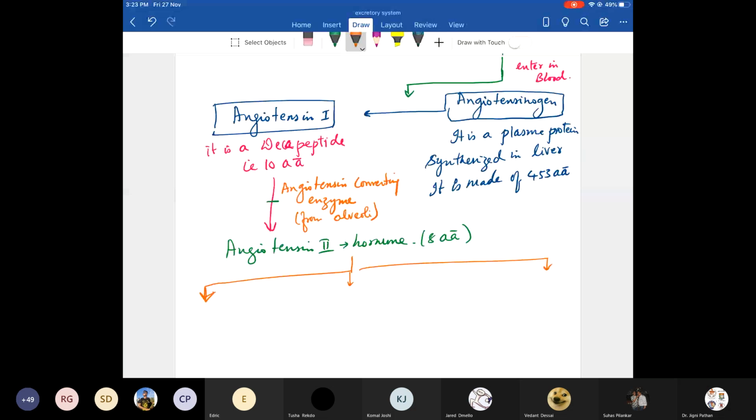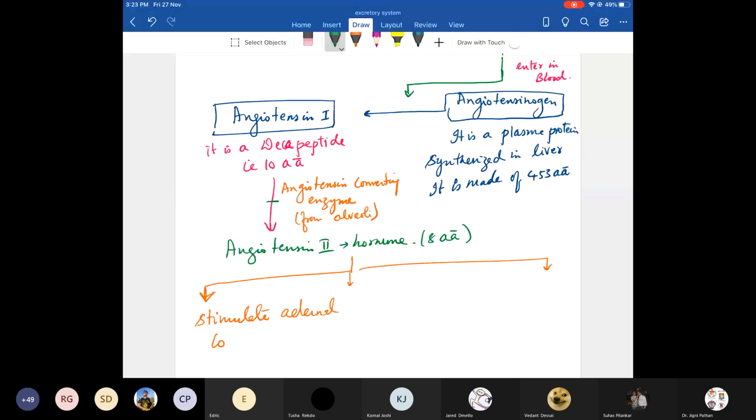So the first one is it will stimulate the adrenal cortex. You know that the adrenal gland has adrenal medulla and adrenal cortex. So the adrenal cortex releases some hormone.